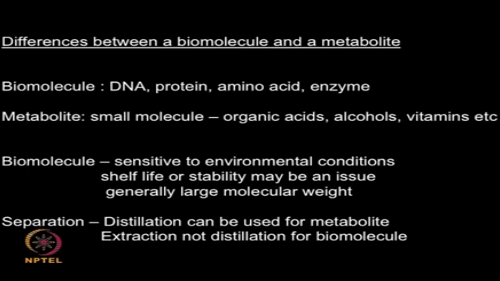For example, if you take fermentation of sugar to alcohol, the very first step is filtration, that is followed by distillation to remove the alcohol, whereas if you have an enzyme after fermentation, you will do filtration and you will not do a distillation. What will you do? You will do an extraction, understand, you will not do a distillation because the enzyme present in the fermentation broth can get deactivated.